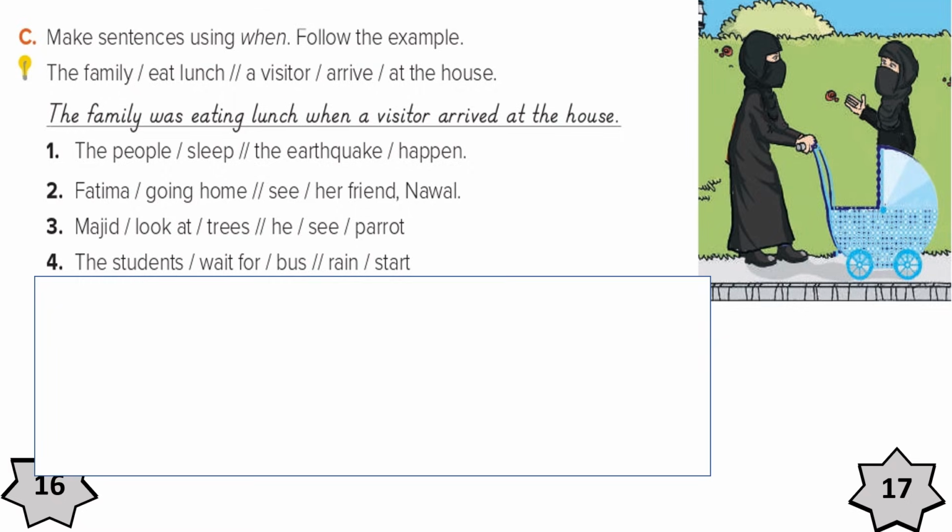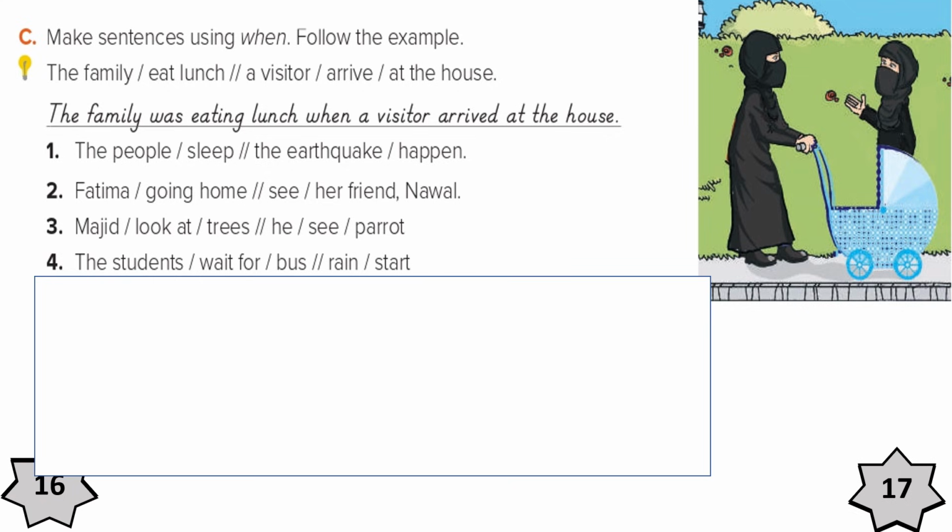C. Make sentences using when. Follow the example. The family eat lunch. A visitor arrive at the house. In this example we have two actions, eating lunch and a visitor arriving. One must be continuous and the other happened during it. Look at the example.